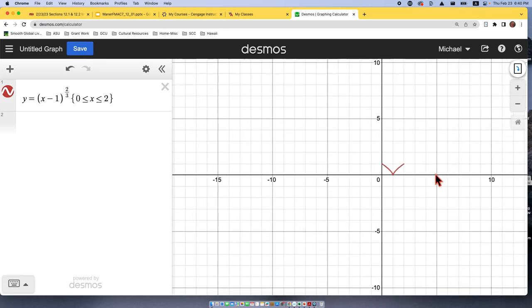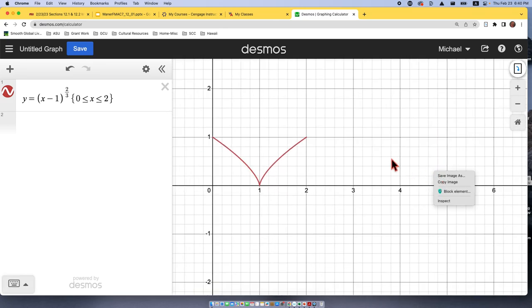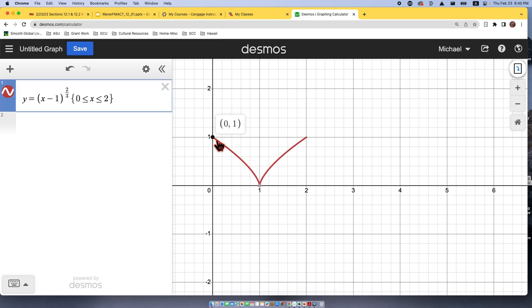Okay, so let's zoom in a little bit. This endpoint's kind of nice because it gives it to us, 0, 1. We've got an endpoint over here, 2, 1. Those are both what kind of extrema? They're absolutes, and they are maximums because they're high, right?